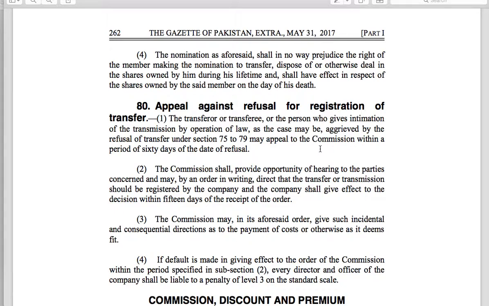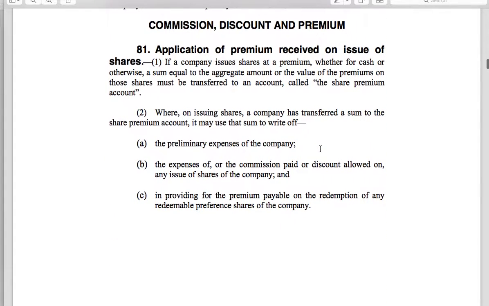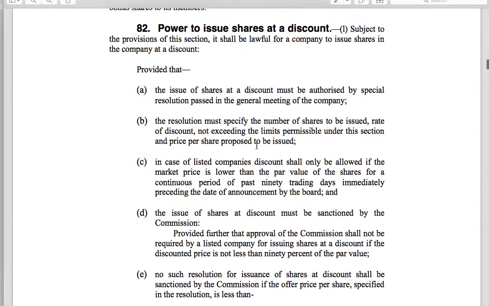So incorporating your company according to the Companies Act 2017 gives you a lot of legal cover for all the eventualities that happen regarding different aspects of management of the company. You can also issue company shares at a premium, and that premium will be kept in a separate account.